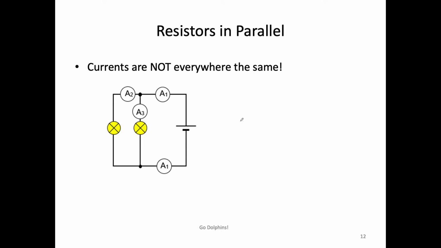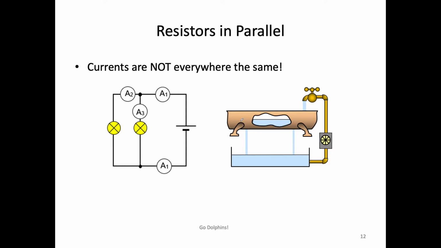Now this time currents are not everywhere the same. Instead, if you have a water current, this is kind of a parallel connection. This is going through this network, this is going through this network. You can totally change this to an electric circuit if your water is carrying charge per volume.